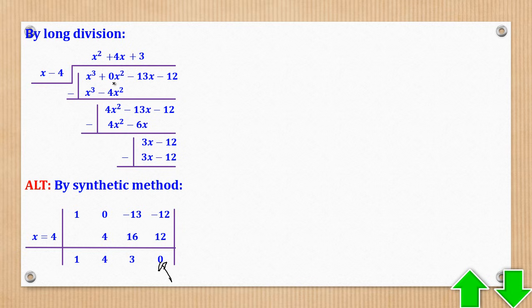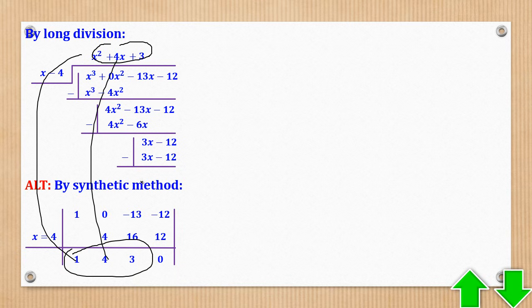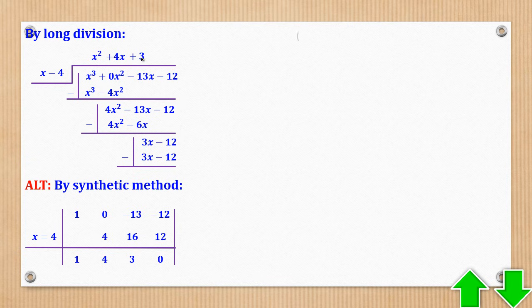And the quotient will be this. I think you'll see if you look at this and this, they're somehow similar. How? This is the quotient of x squared, coefficient of x, and the constant. So any of the two approaches is okay.